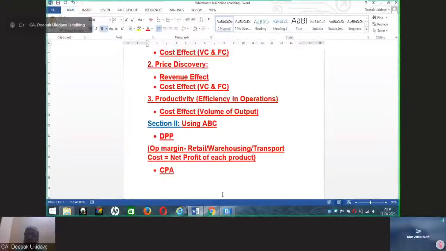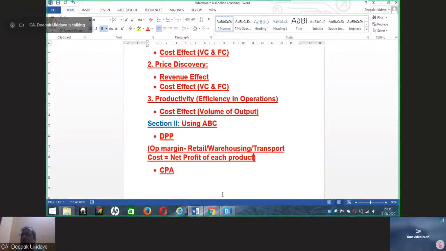Can we say it is something like a 360-degree appraisal? On one hand, we give value addition to the customer, but management also analyses what value addition that customer brings to the organization's profitability. Which customer is yielding higher contribution than the other customer.